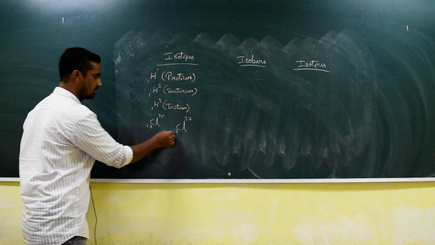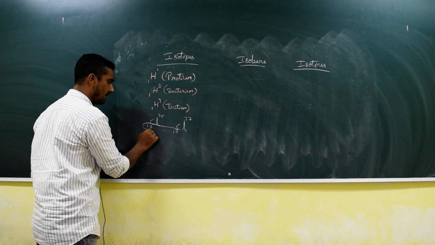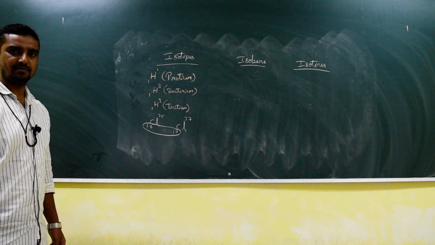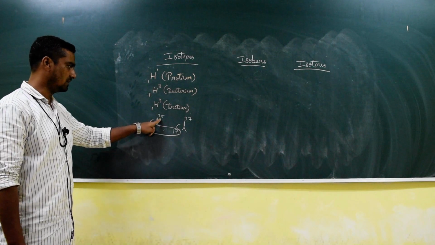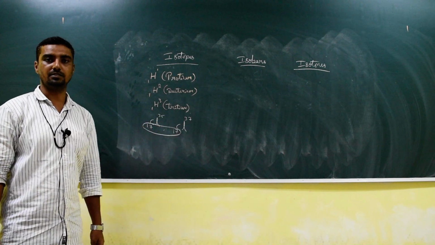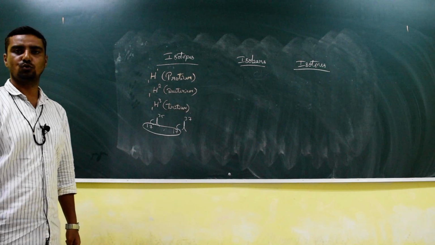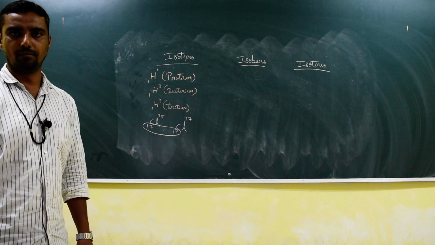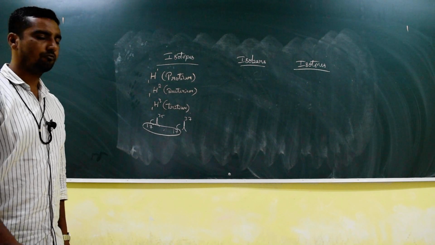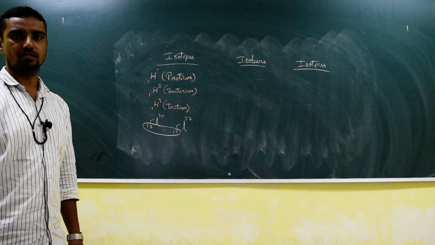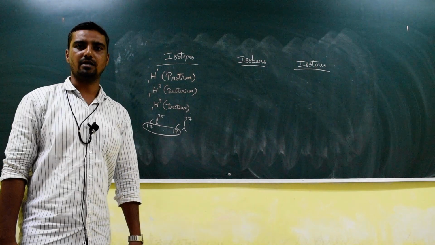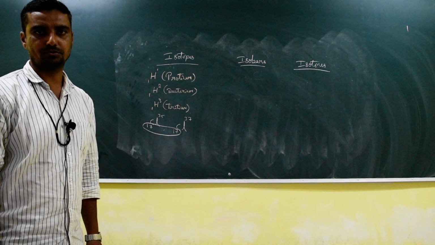If you consider this, the atomic number of both atoms is the same, but the mass number here is 35 and here it is 37, that is different. That one we call isotopes: atoms which contain the same atomic number but different mass number are called isotopes.